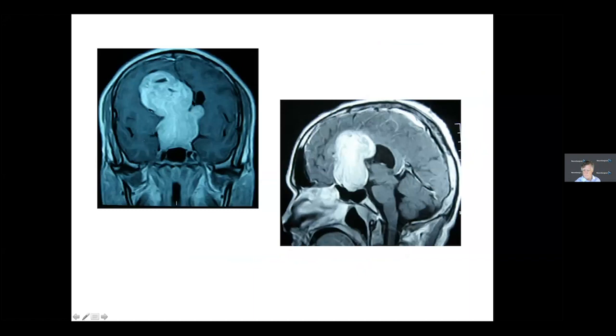Even when there is a huge nubbin, one big nubbin here, a smaller nubbin here, it does not mean that the diaphragm is transgressed. And those who are doing pituitary surgery will clearly understand the huge importance of what I'm saying. It is not a minor point. It is not a point which can be ignored. This is a huge point, huge.